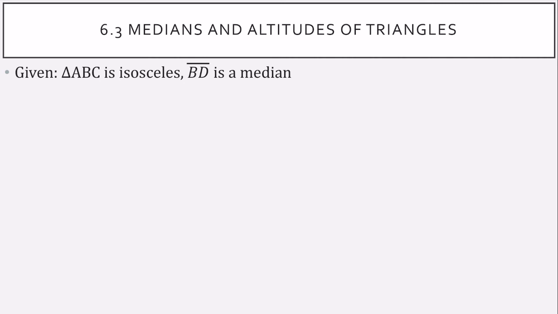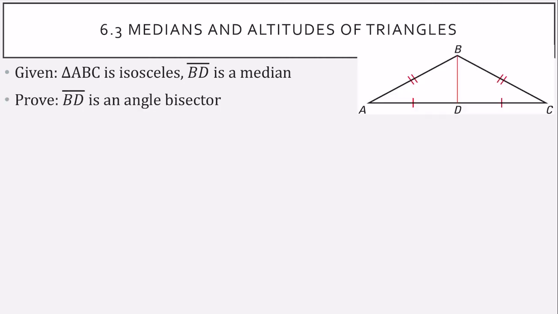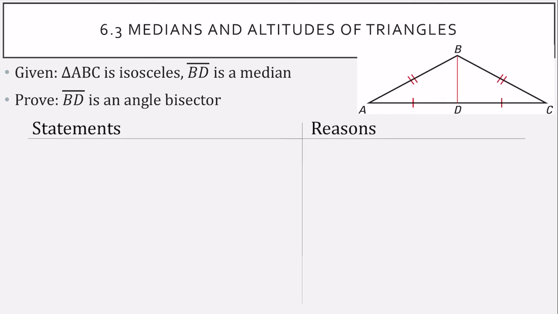Alright, let's do a proof. Given we have an isosceles triangle with a median, prove it's an angle bisector. Start off with our givens. So triangle ABC is isosceles, and BD is a median.